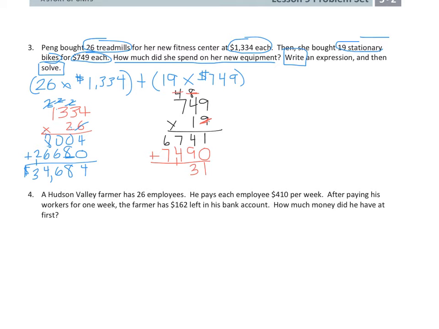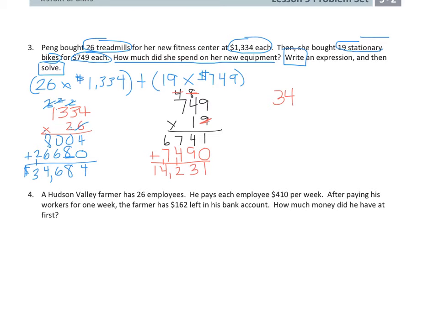And then 7 plus 4, that would be 11, plus 1 more would be 12. So bring down your 2, carry 1. 6 plus 7, 13, plus 1 more is 14. So the stationary bikes cost $14,231.